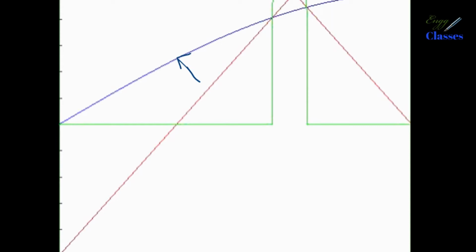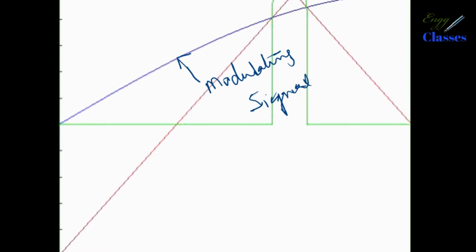Here, the blue color line represents the modulation signal and this red color line represents the carrier signal.